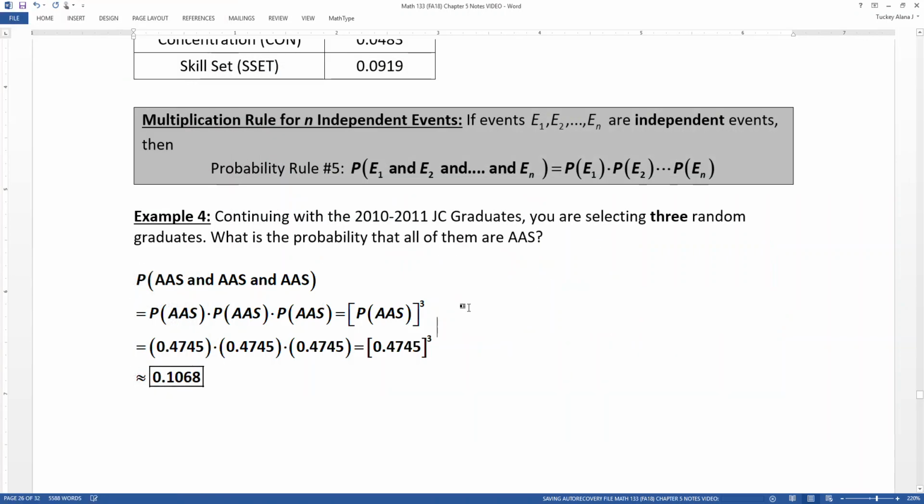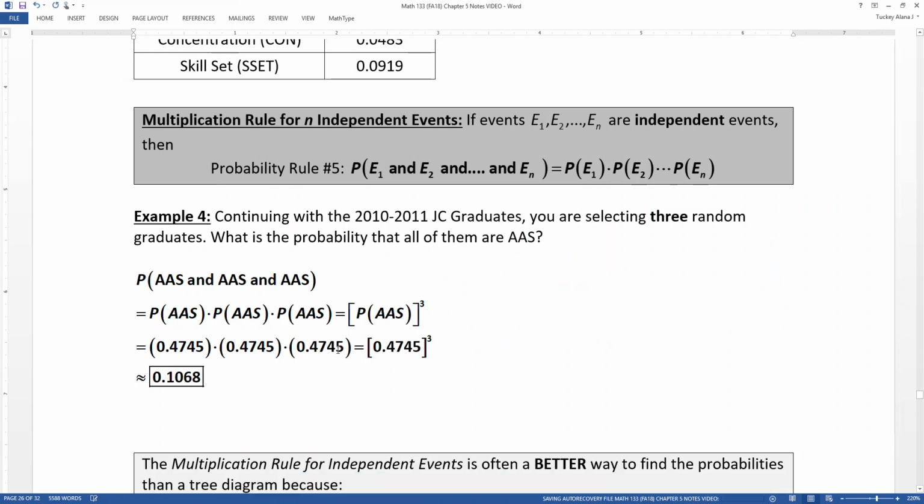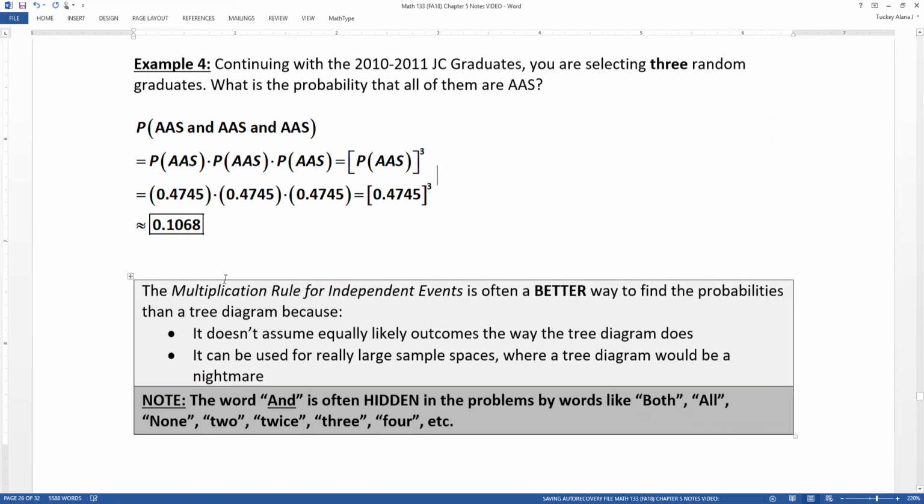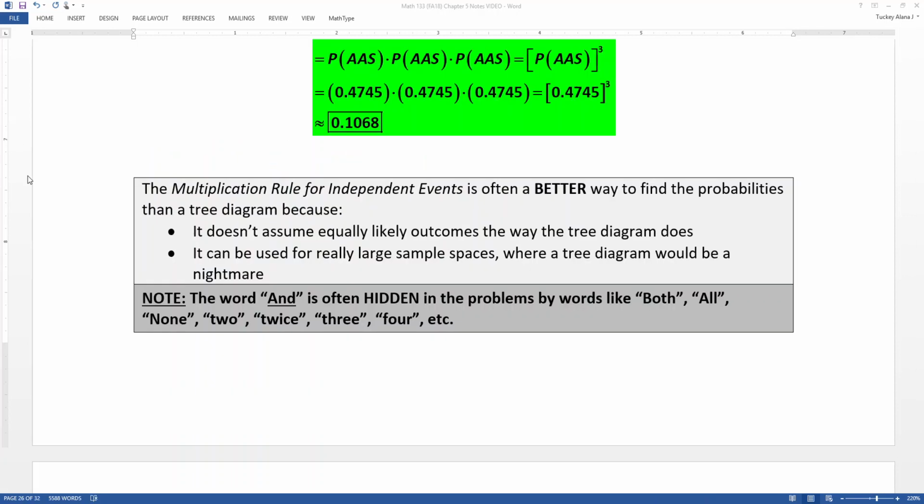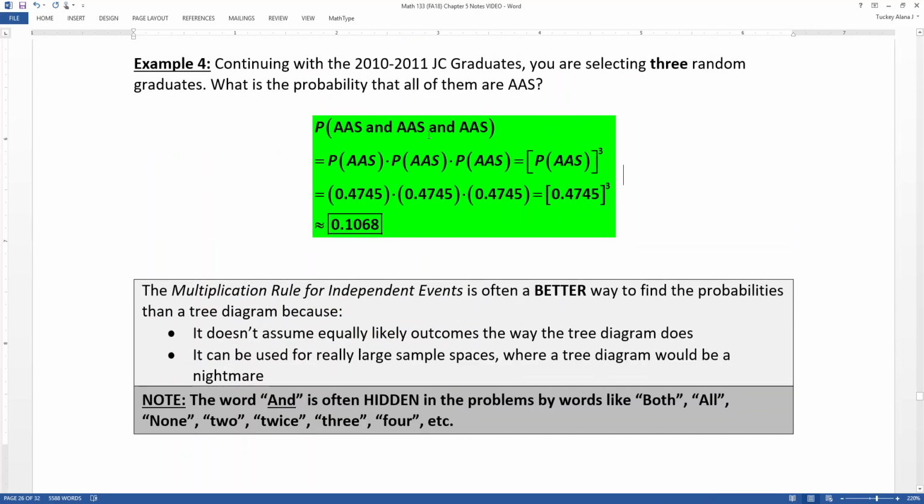Now the thing to notice about the multiplication rule, a couple things before we leave this page. One, this is way better to find probabilities than a tree diagram. So much better. For one thing, we didn't have to make a terrible tree diagram with all of the branches and figure everything out. We also didn't have to assume equally likely. So that's nice, because they don't all have an equal chance.